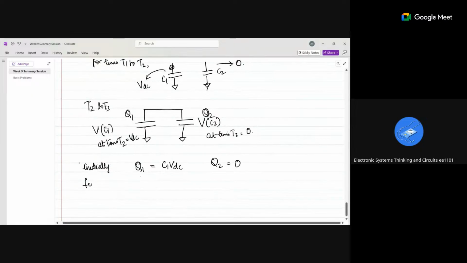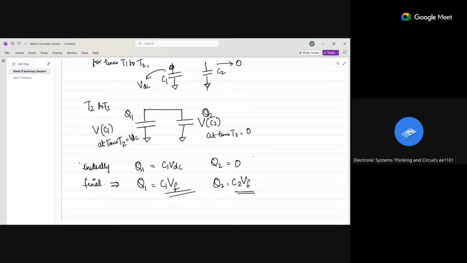Then at the final, at time T3, since the capacitors C1 and C2 are connected in parallel, the voltage will be the same. The voltage across C1 will be equal to the voltage across C2. So Q1 will be C1 V final, and Q2 is equal to C2 V final, right? Are you able to understand why we are writing C1 VF and C2 VF? Because the voltage across the two capacitors will be the same, as they are connected in parallel.